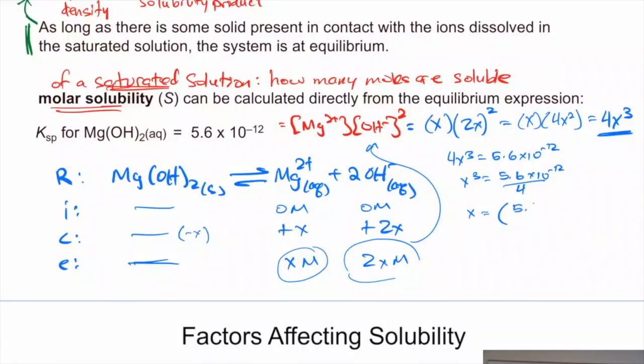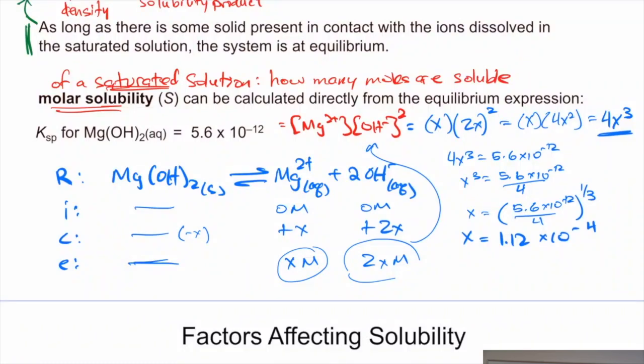So that's 5.6 times 10 to the minus 12th divided by 4. The cube root, that's the same as raising it to the exponent of the inverse, so that's raised to the 1/3 power. And all of you with calculators will tell me what that answer is. That's what x equals. Is that what my notes say?